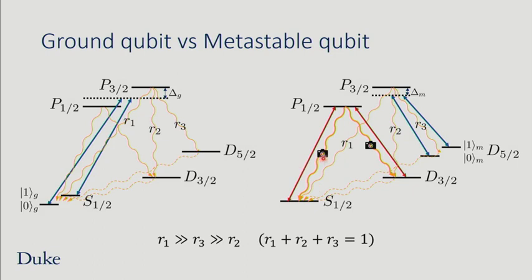So if you do that, you scatter a lot of photons, and you can detect them so that you know leakage to S-half happened whenever it did. And one important detail is these P-half states and D5 half states transitions are forbidden. So even if we scatter a lot of photons, it will not destroy the other qubits in the same ion chain.